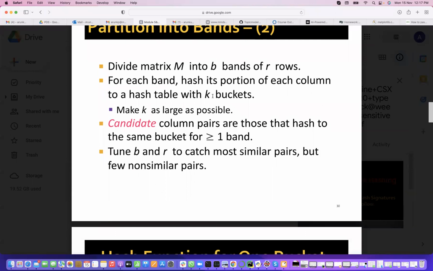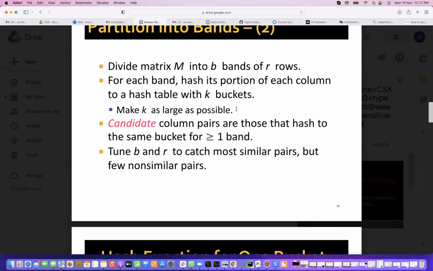Who will decide this K? User input again. So how many buckets you want to put is up to you, but the advice is make K as large as possible. If you take a small K, what will happen? Many will fall under the same bucket, and they may not be same, right?